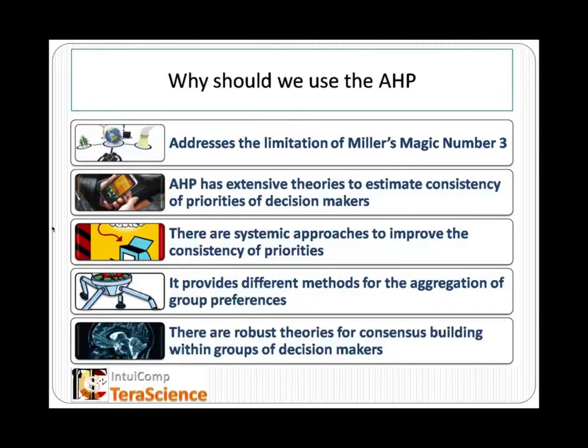For example, in the case of choosing the best mobile, you don't know what are the weights which we need to assign to each of the features, for example, storage or price. So AHP helps us in this. It also provides different methods for aggregation of the group preferences. So these are some reasons why we should use AHP. And moreover, it has extensive theories to estimate consistency of priorities of the decision makers.